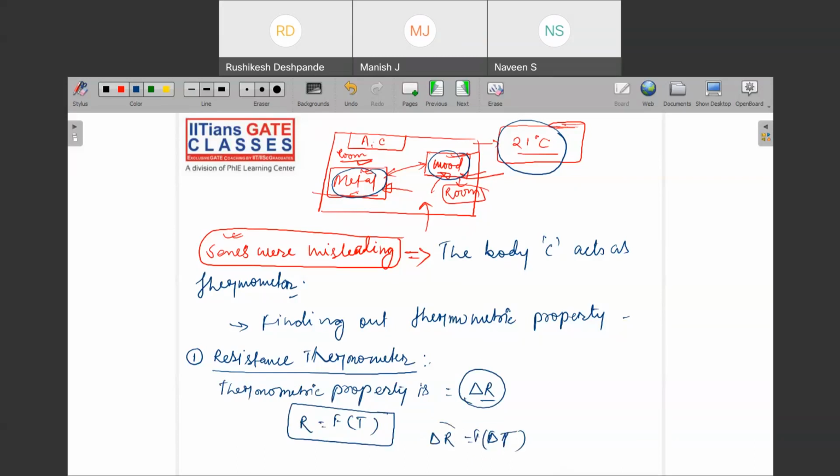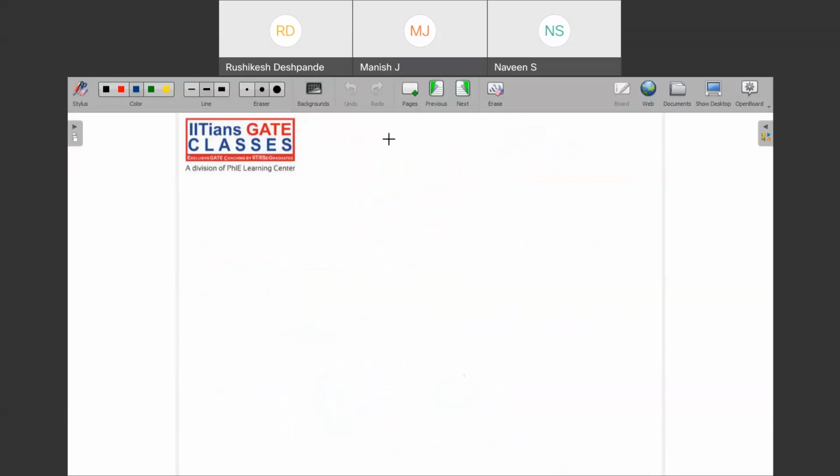So if you know delta R, then you can know delta T. That means your thermometric property here is change in resistance; with the help of change in resistance, you will find out the change in temperature. So this is working as nothing but a thermometer.